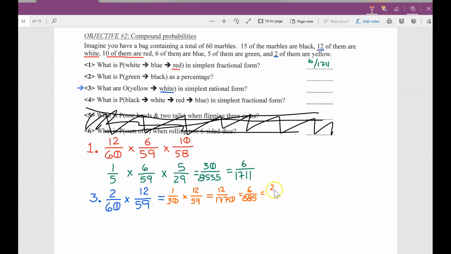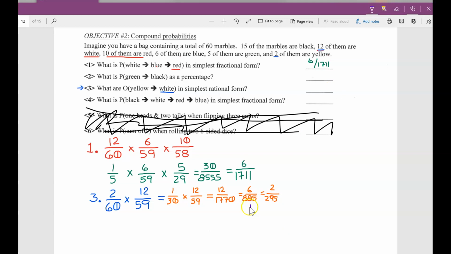So this would become 2, and then 885 divided by 3 is 295.